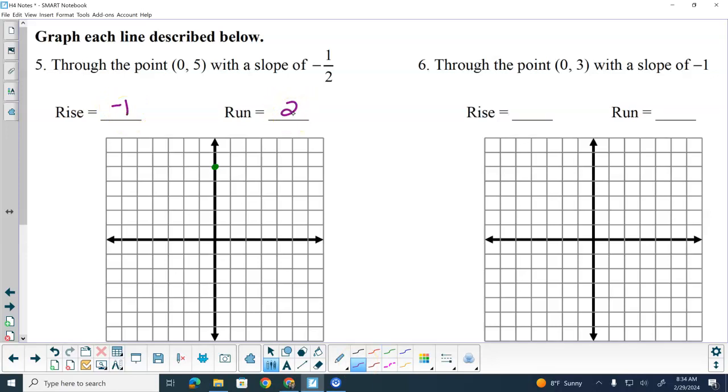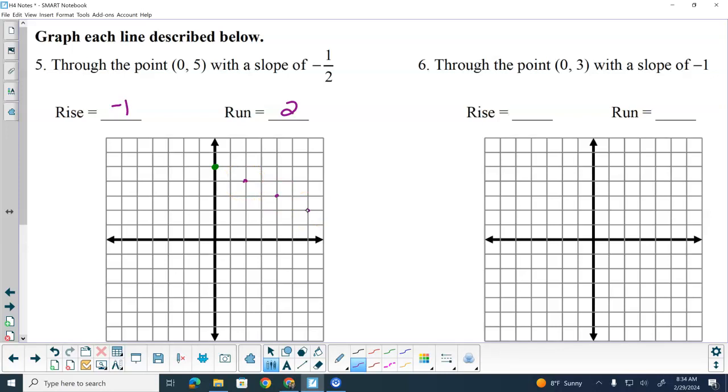That means my directions would be with numbers: a rise of negative 1 and a run of 2 gives me directions to get my next point. Down 1, right 2. Okay? Down 1, right 2. Down 1, right 2. Down 1, right 2.